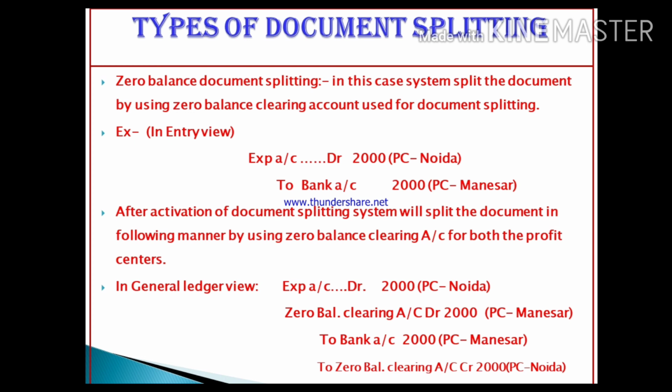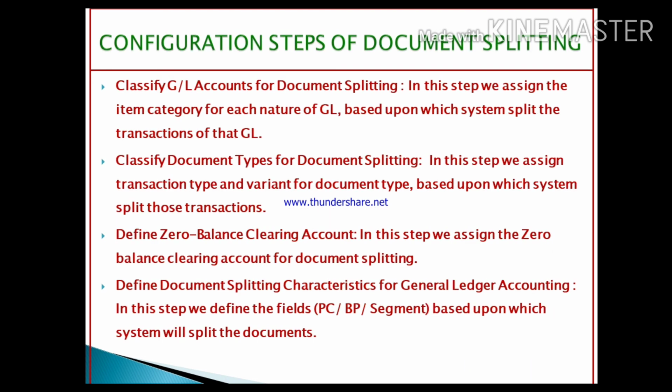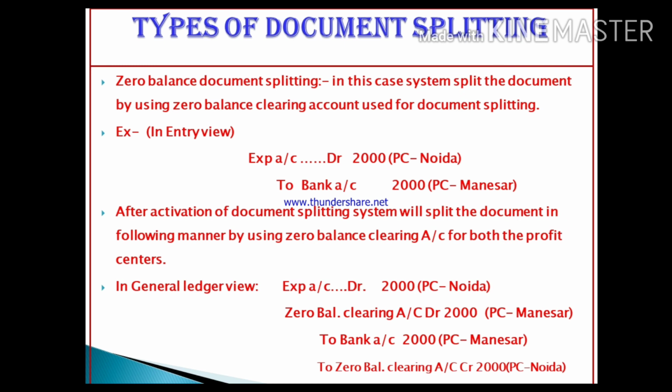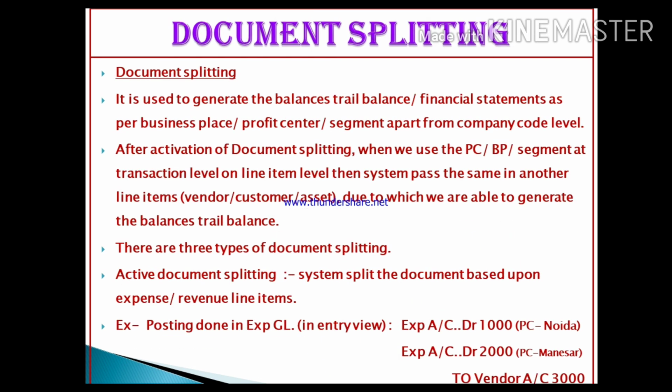So these are the document splitting types, these three which we have discussed today. First is active document splitting, which splits the document based upon the expense or revenue line item.